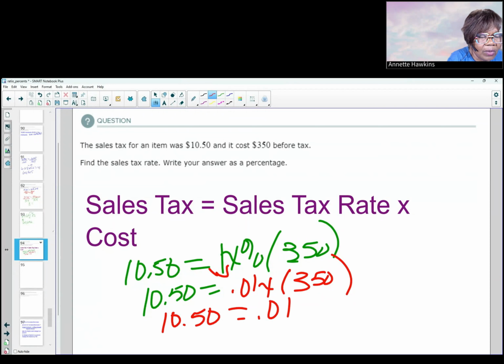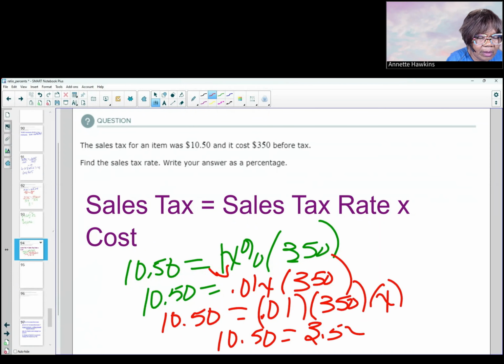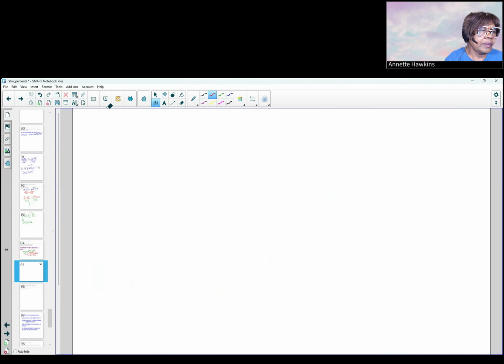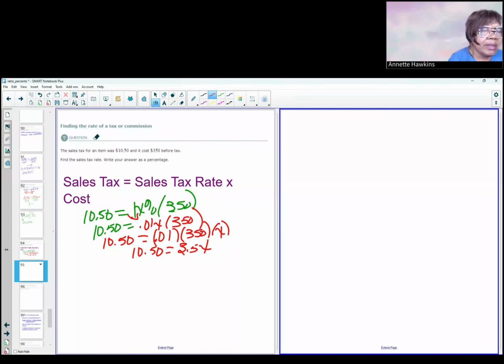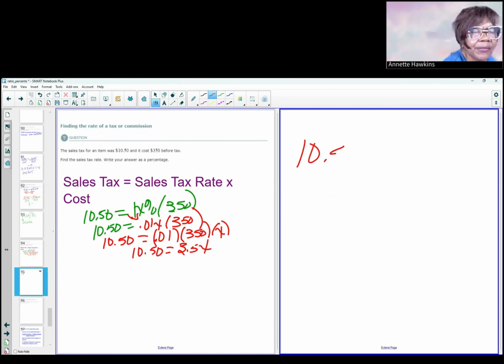And we have 0.01, 3.50, and X. And so we have 10.50 equals 3.5X.